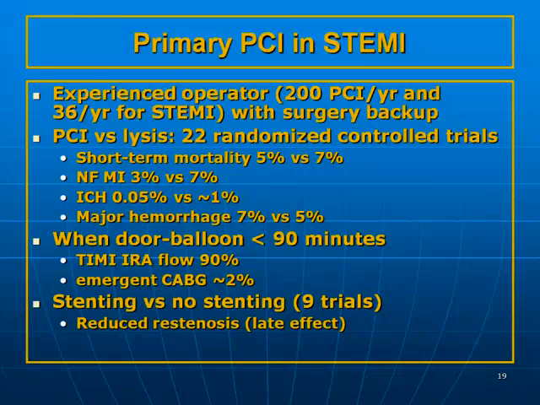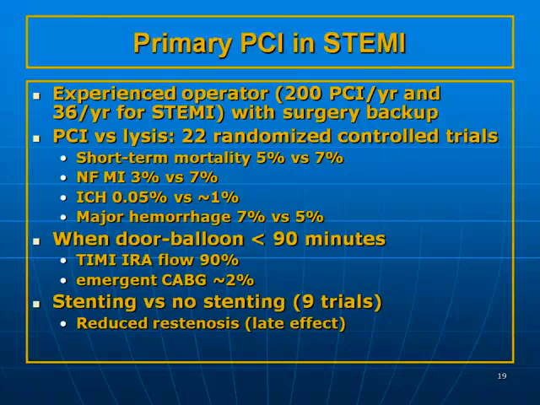The only downside with PCI is that there is a higher rate of major bleeding, but that's mostly related to procedural bleeding, where the sheath is put in the femoral artery or the radial artery, and patients develop subcutaneous bleeding called hematoma. And so that occurs at a slightly higher rate with PCI, but it certainly doesn't limit its ability to save lives.